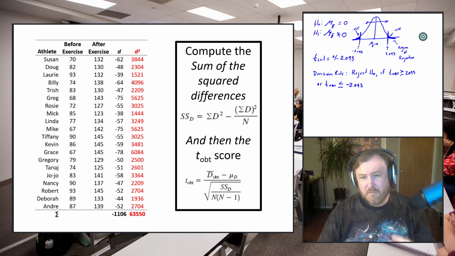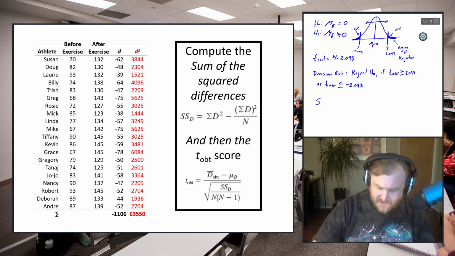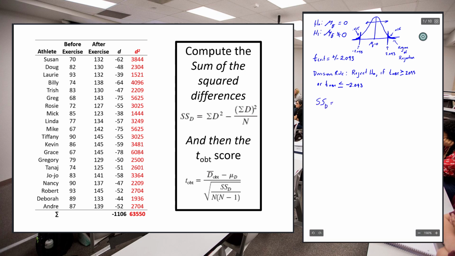And to do that, first we need to compute the sum of squares for the difference. So the formula for SSD is SSD equals the sum of the differences squared minus the sum of differences, squared, divided by n. Okay, so let's compute this out.